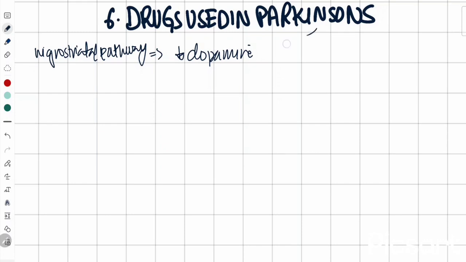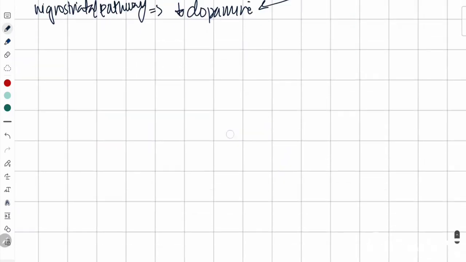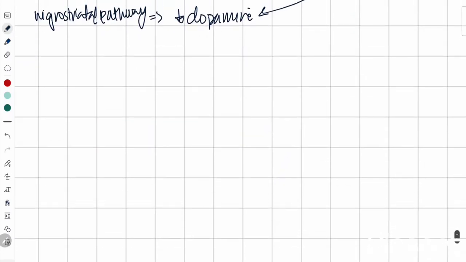So what you do in Parkinson's is increase this dopamine. Now dopamine in itself cannot cross the blood-brain barrier. So we created another thing called levodopa, and this can cross the blood-brain barrier.